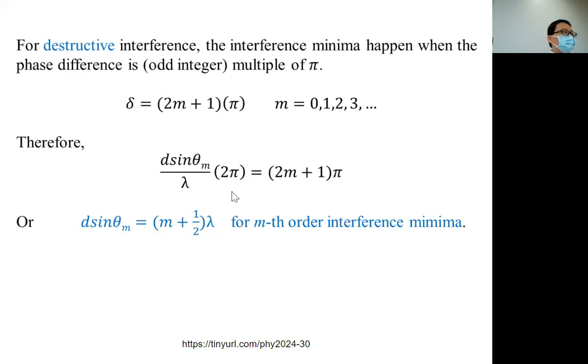Setting delta equal to that, the pi and pi cancel out. If you divide both sides by 2 and then multiply both sides by lambda, you get d sine theta equal to (m plus 1/2) lambda. This is the condition for you to see a dark fringe on the screen, and m refers to the order of the interference minima.